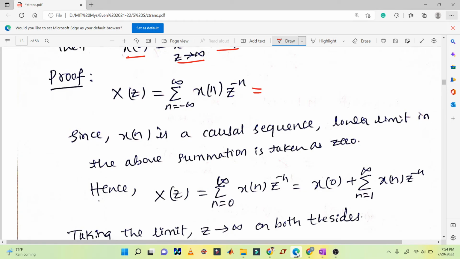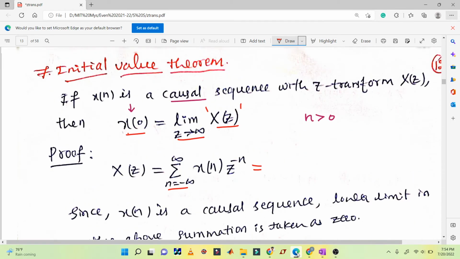Let me solve it here only. What is given in the statement? For a causal sequence. Causal sequence means n is greater than 0, so definitely n is not minus infinity to plus infinity. So we can change this as the summation n is equal to 0 to infinity x of n z power minus n. Now let me substitute n is equal to 0.